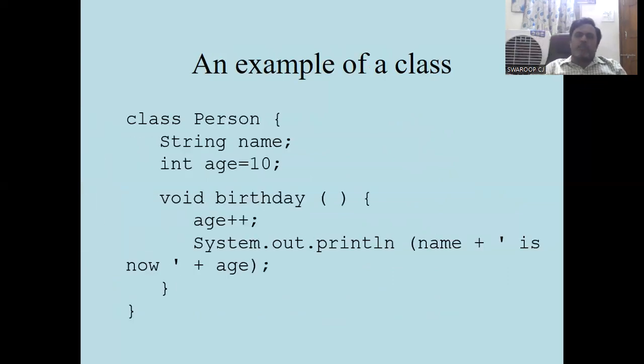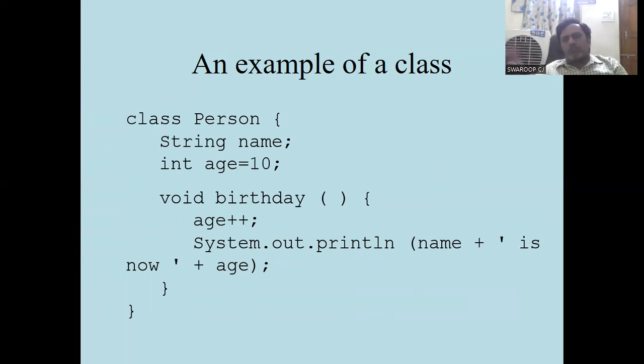A simple class. I'm taking an example of a person class. So here the string name and int age are the member data. When you observe this, int age is a primitive data type, whereas string name is a non-primitive data type. So what is the difference between string name and char name?